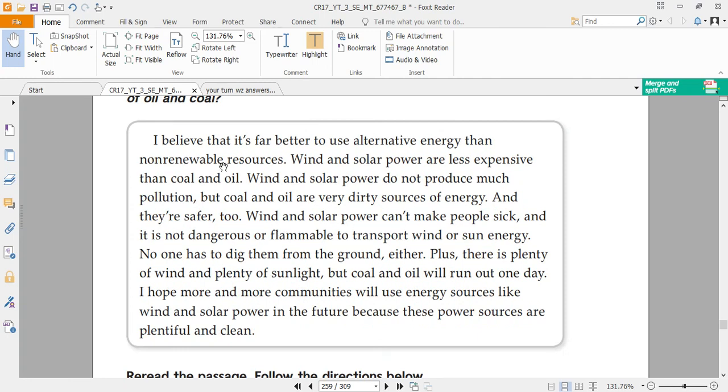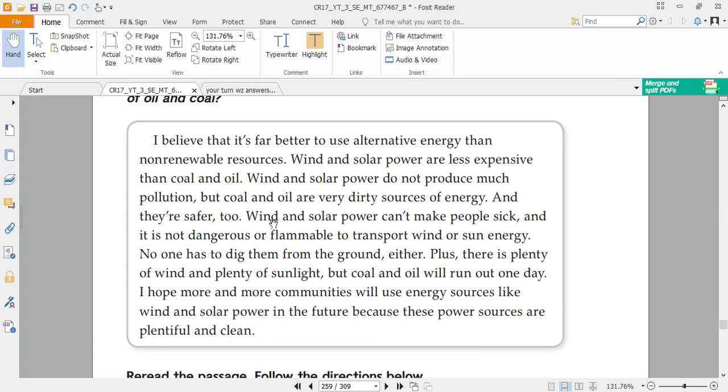I believe that it's far better to use alternative energy than non-renewable resources. Wind and solar power are less expensive than coal and oil. Wind and solar power do not produce much pollution, but coal and oil are very dirty sources of energy, and they're safer.